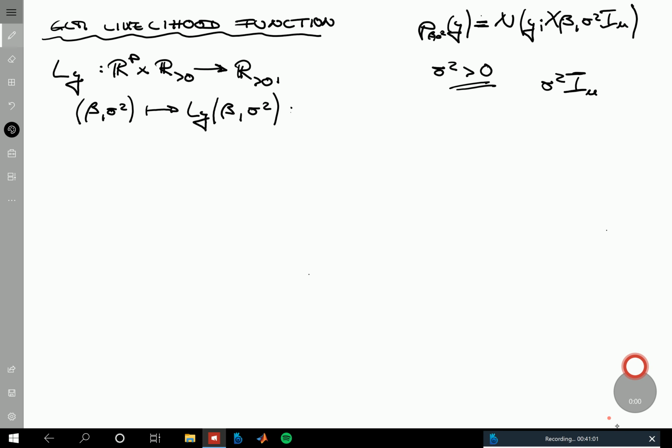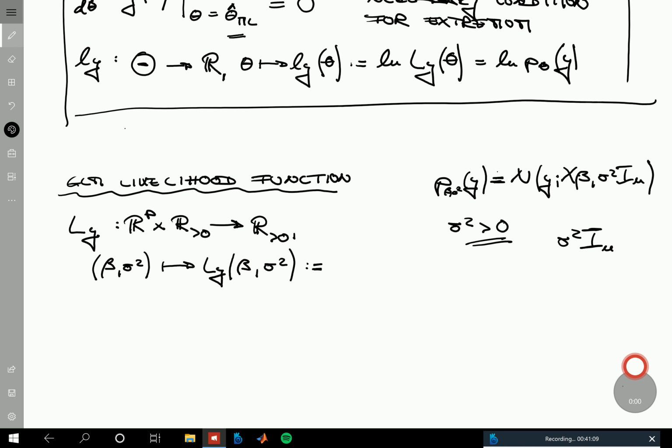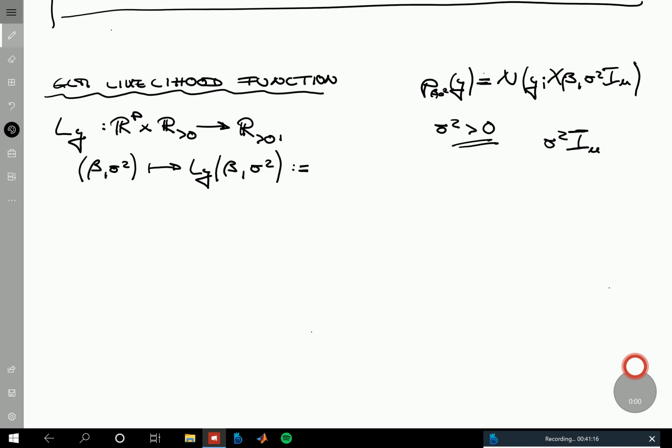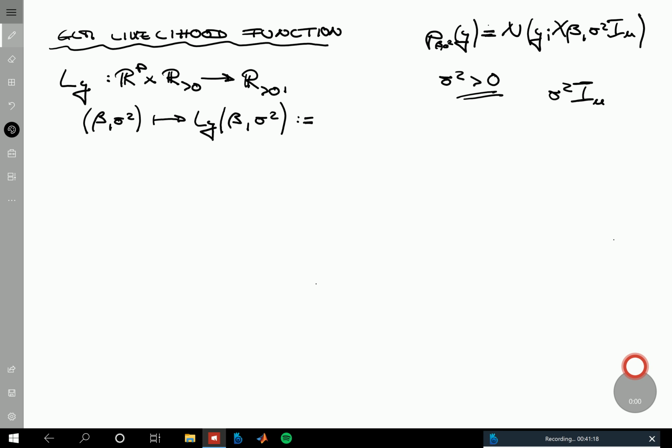And what is this now? If you look again at how the likelihood function is defined. The Gaussian, exactly. So here we put this, and this is of course in our case the multivariate Gaussian.